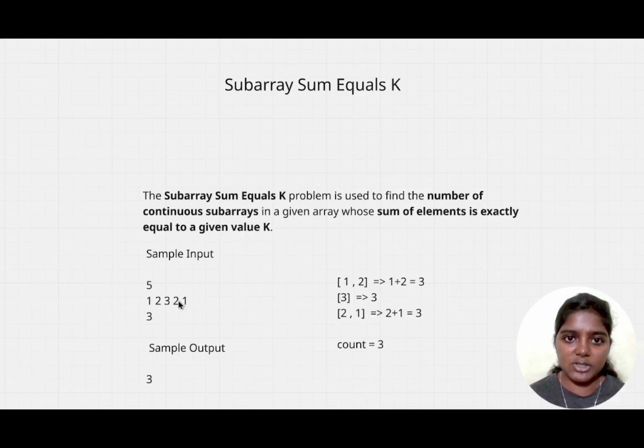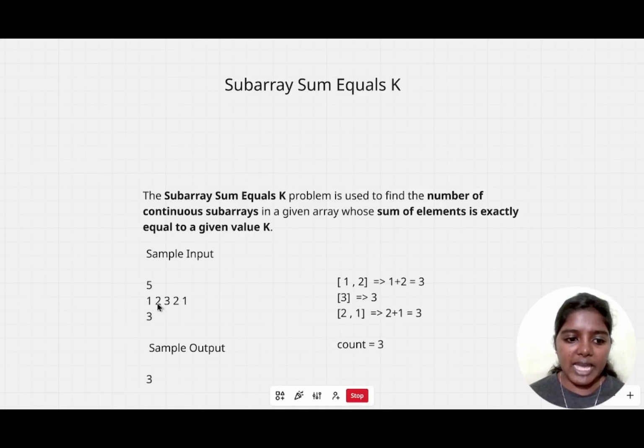Now our task is to find the subarray sum equals k, which means finding the number of continuous subarrays in a given array whose sum of elements is exactly equal to the given value k. The array is given, and 3 is our k value.